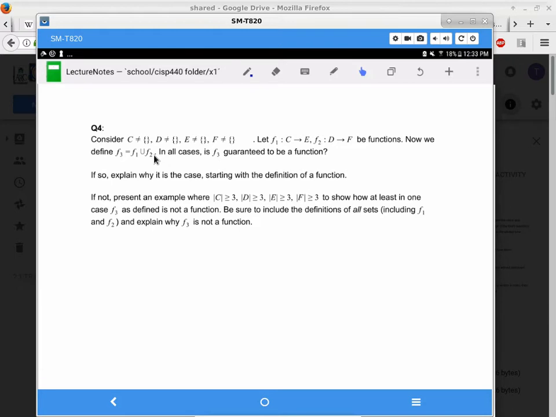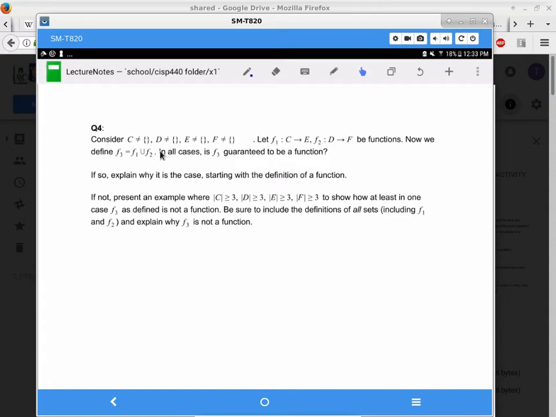Now that second requirement of what to consider as the domain and the codomain of F3 actually is not needed. You can come up with an example where it doesn't matter how you define the domain and the codomain, F3 is still not a function. Okay, so let me make an example.